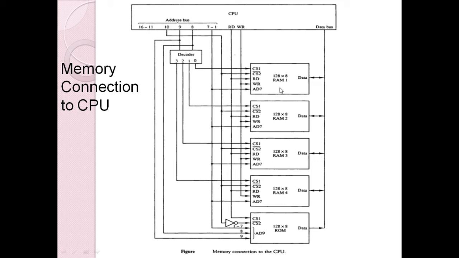Each of these RAMs has size 128 by 8. That means each word's length is 8 bits, and each RAM chip has 128 words. So we want to interconnect four such RAM chips and one ROM chip with the CPU.